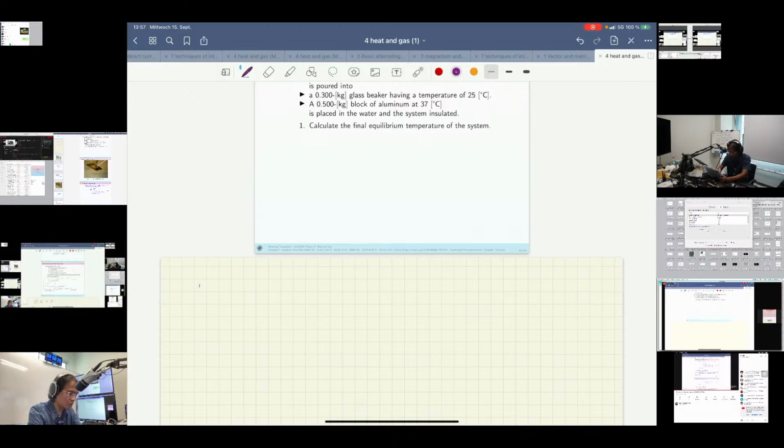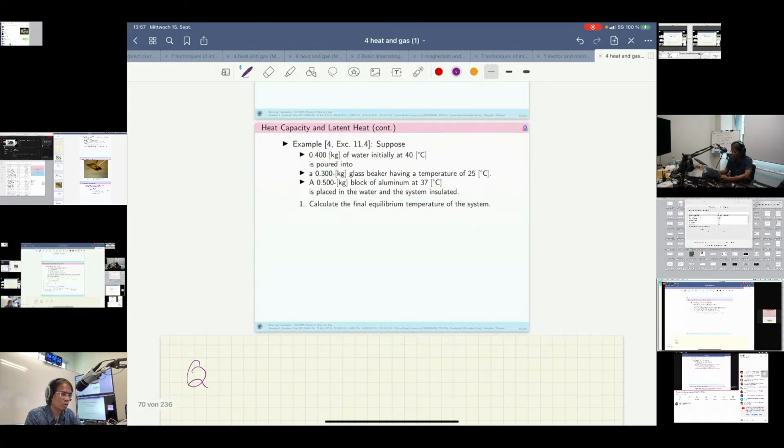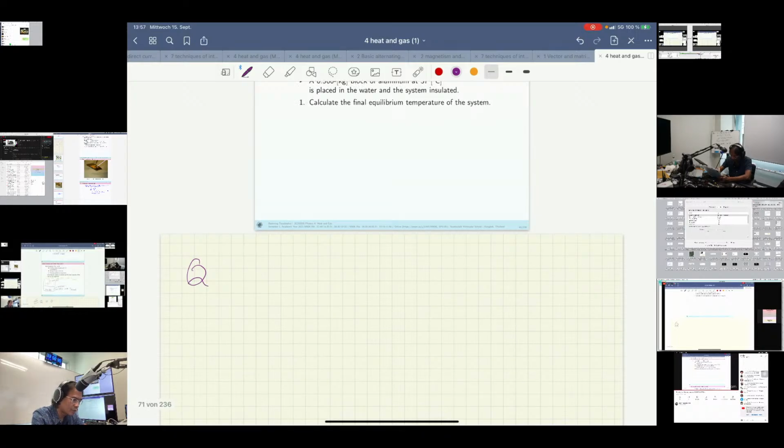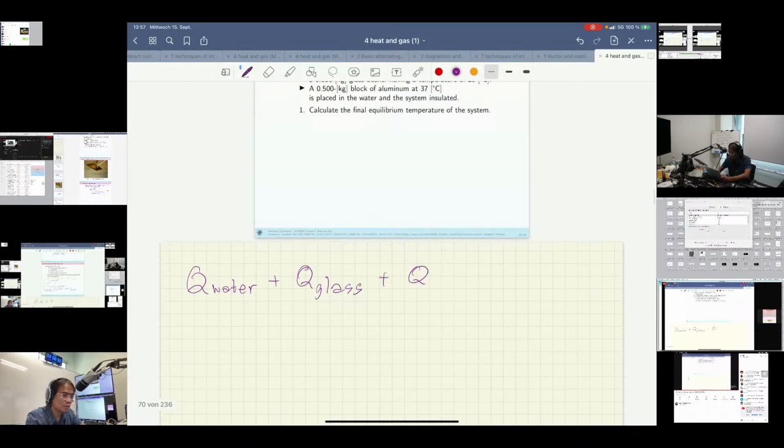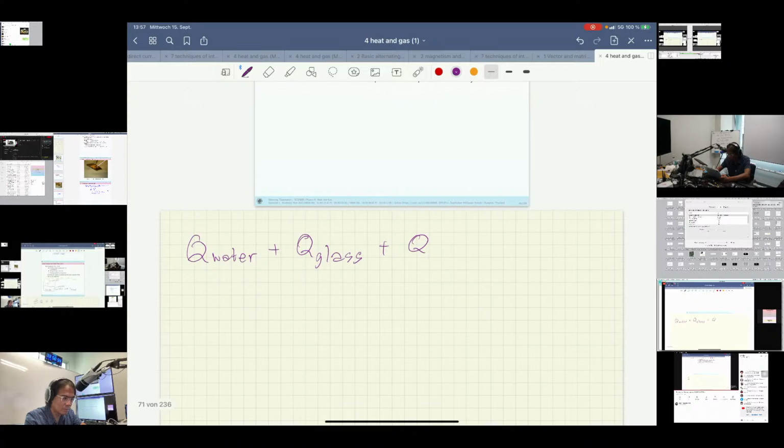You pour the water into the glass, and you put in the normal, not hot, aluminum. Heat of water plus heat of glass plus heat of the aluminum, Al, equals 0, like that.